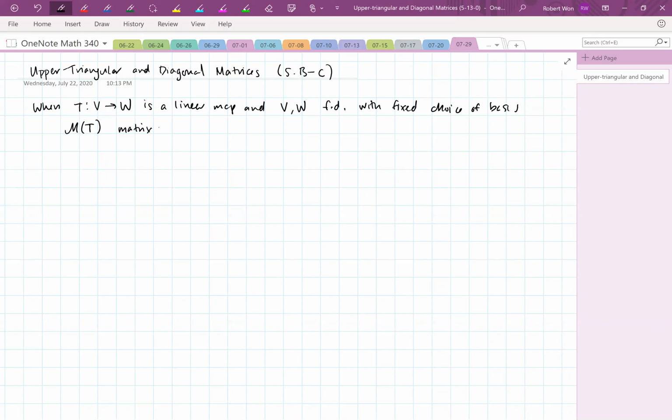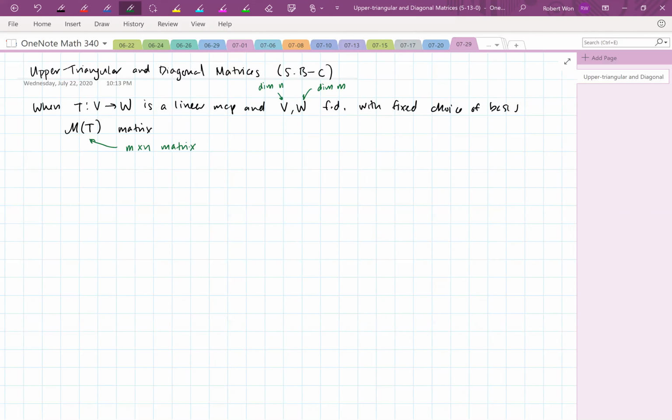Okay, and remember, if the dimension of V is say n, and if the dimension of W is say m, then this matrix will be an m by n matrix. It will have m rows and n columns. Okay, but right now what we've been talking about is operators.